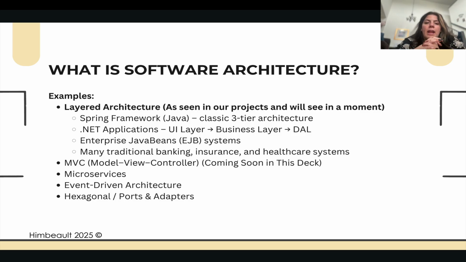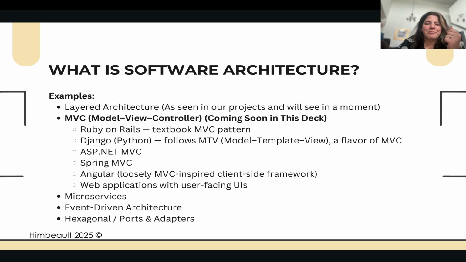There's the Enterprise Java Beans systems, or the EJB for Enterprise Java Beans. And actually a lot of traditional systems use this, like banking, insurance, healthcare. It works really well in these large scale scenarios where we have complex problems that we want to solve as simply as we can. And we've used these in our projects, of course.